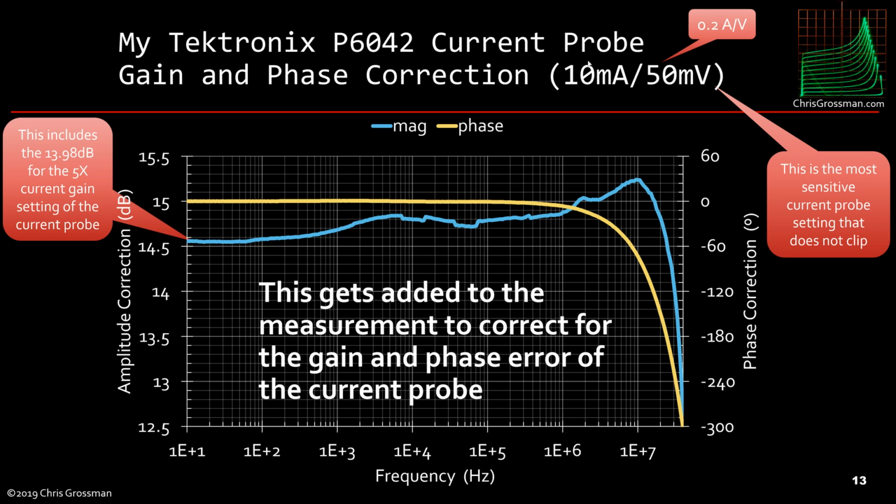If I go to a more sensitive range, it clips, and then my measurements don't work. But this is the range that gives me the greatest range of measurement. And so here I make a new correction curve, and the correction curve includes the 5x current gain for the setting of the current probe. And so now I'm going to add this to my measurements. Again, you can see this in spreadsheets that I've attached.